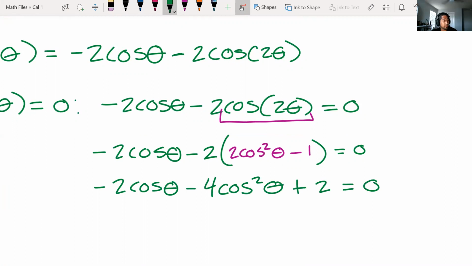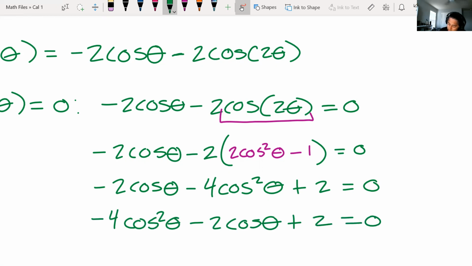So -2 cosine theta minus 4 cosine squared theta plus 2. Cool. All right. Doing good, doing good. I guess we could have divided by 2 in the beginning, right? Oh, well. Before we do so, I'm going to rewrite it with highest power first. -4 cosine squared theta minus 2 cosine theta plus 2 equal to 0.